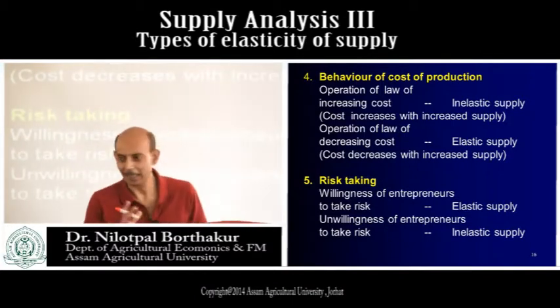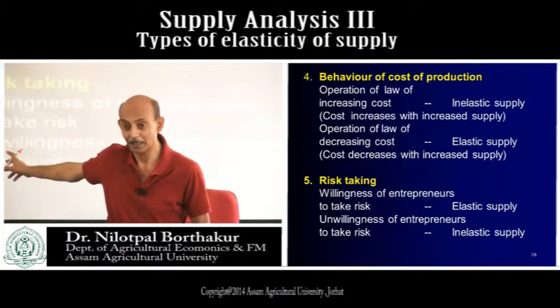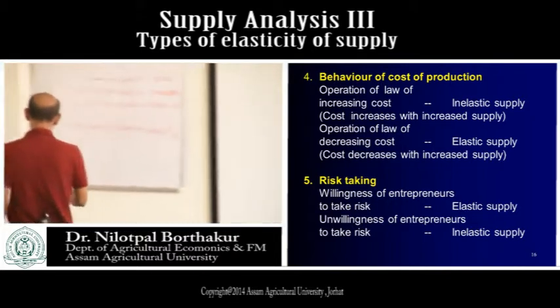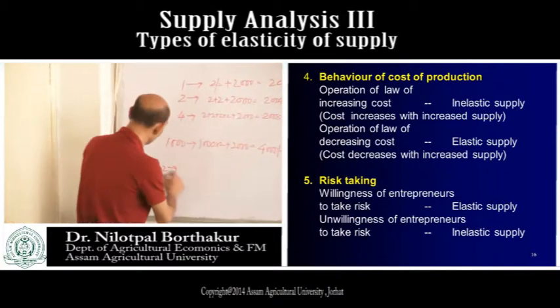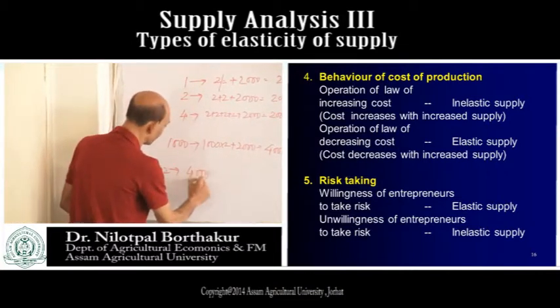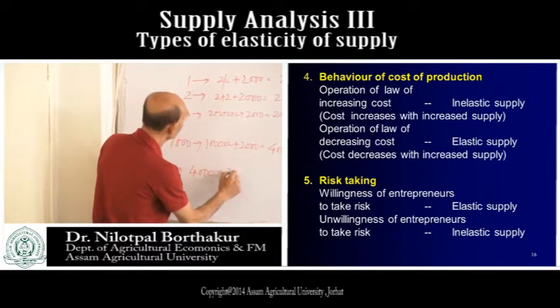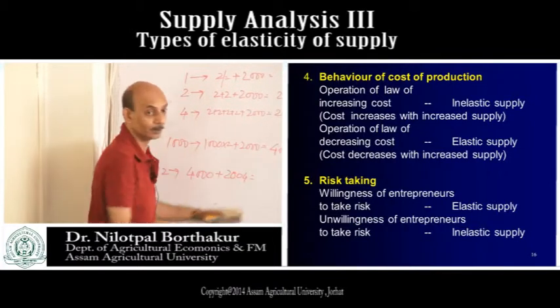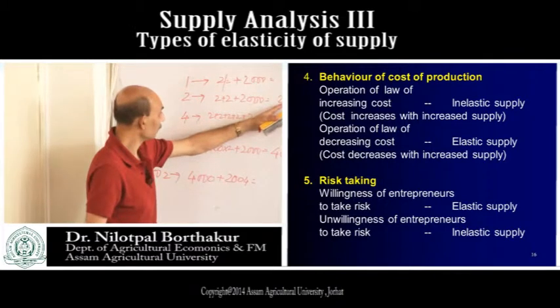So he will see whether it is profitable for him. If he produces 1,002 breads, his cost will be, for 1,000, 4,000 rupees, plus for the next 2 breads 2,004 rupees.